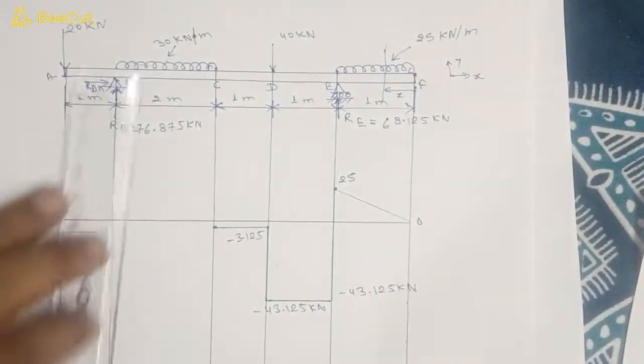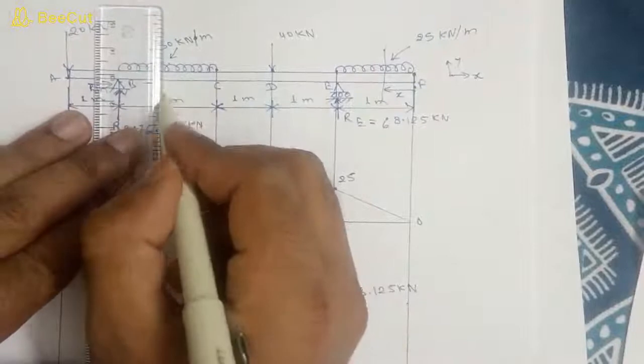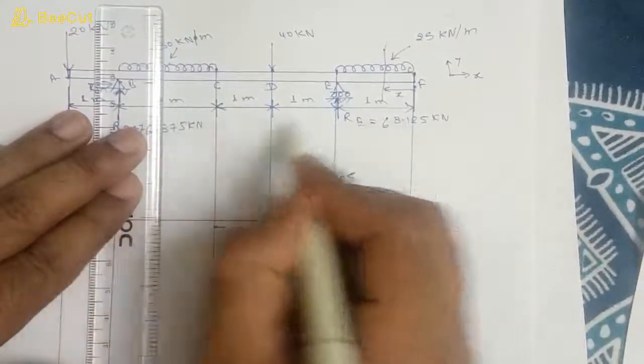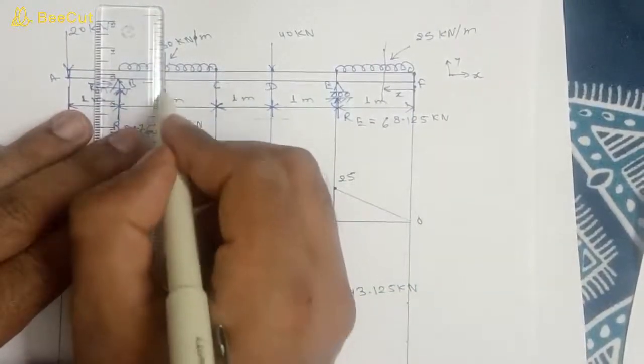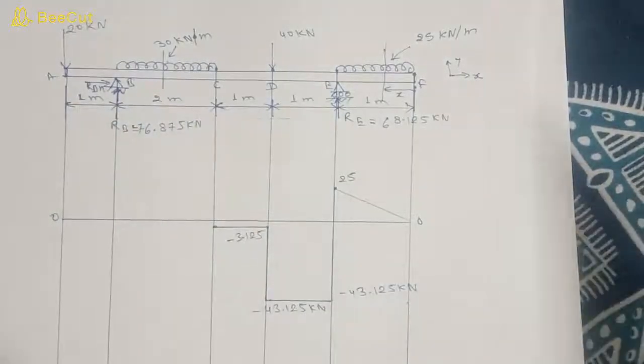Now if we assume a section here at x distance, suppose this distance is x, this is the total distance, and the section is here. So we will calculate the shear force.